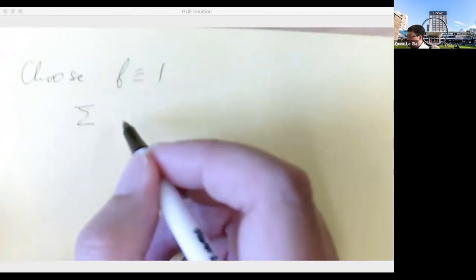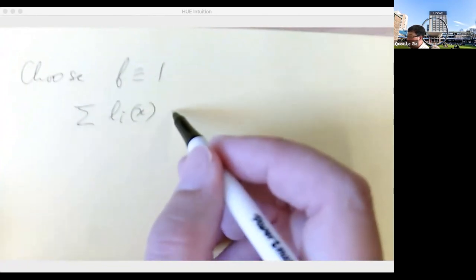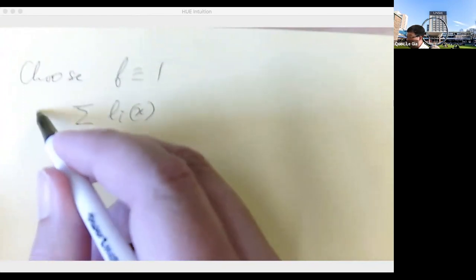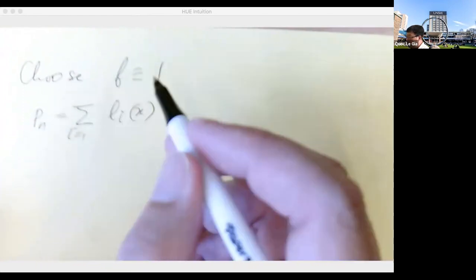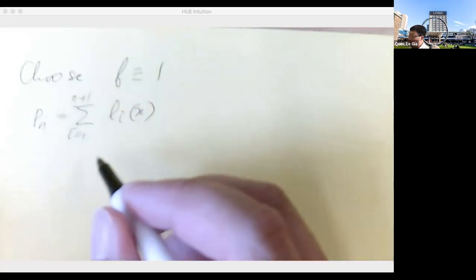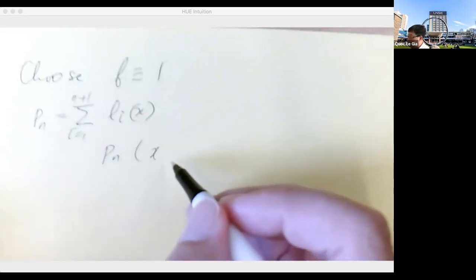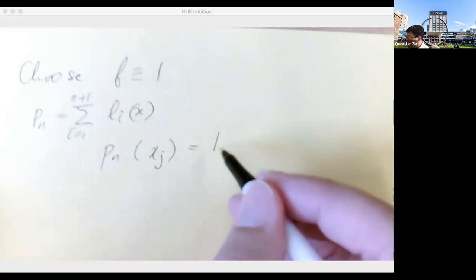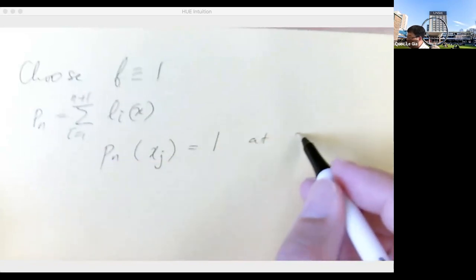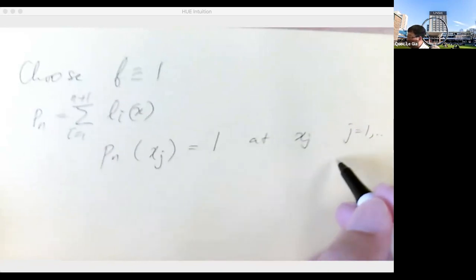Then you have the sum of Li x equal to Pn, with Pn of xj equal to 1 at xj, j from 1 to n plus 1.